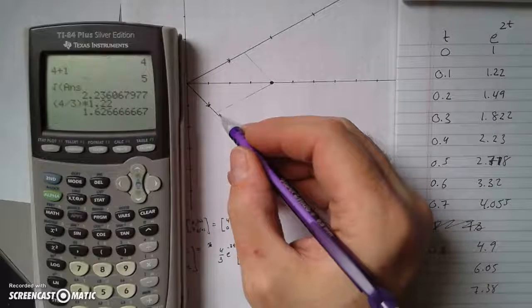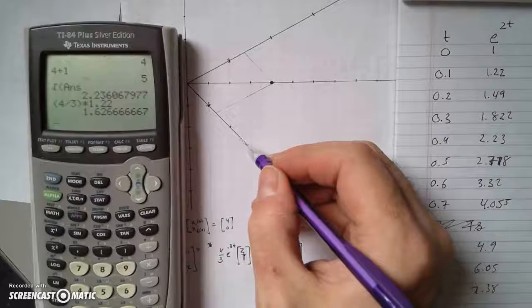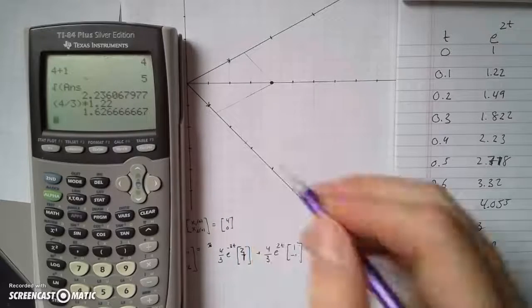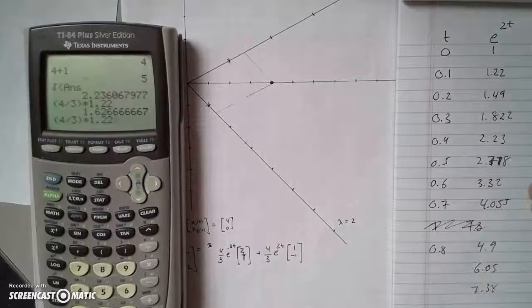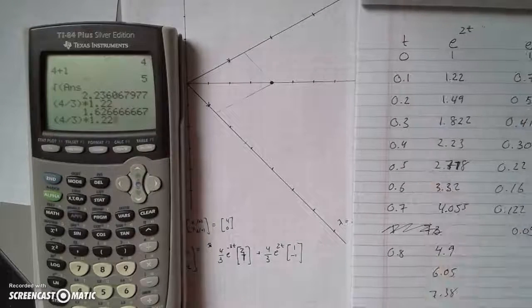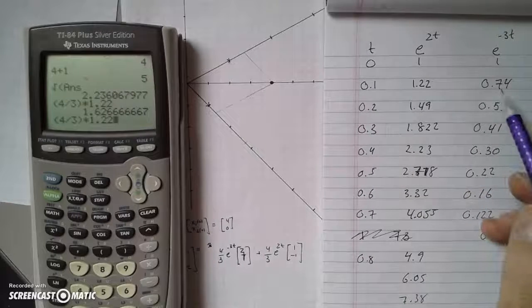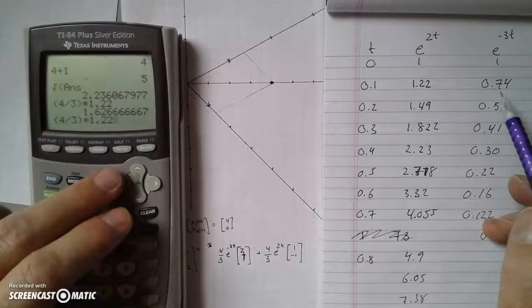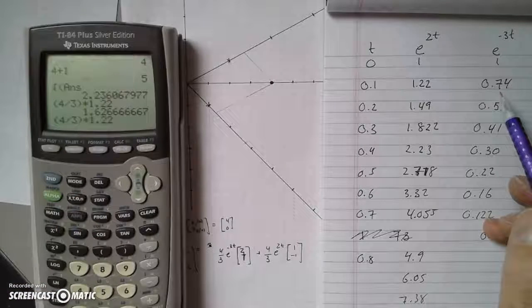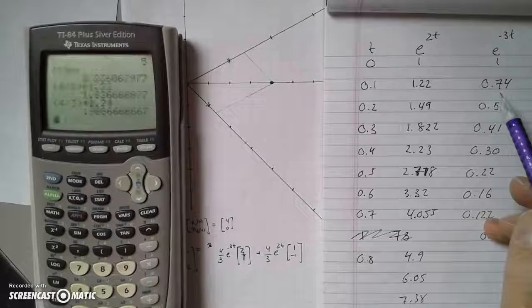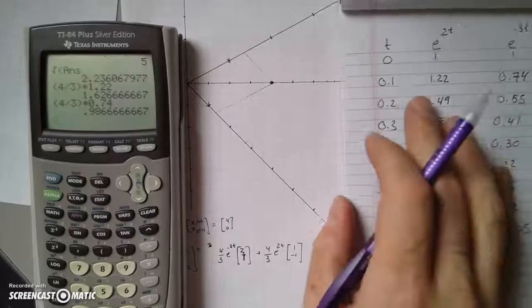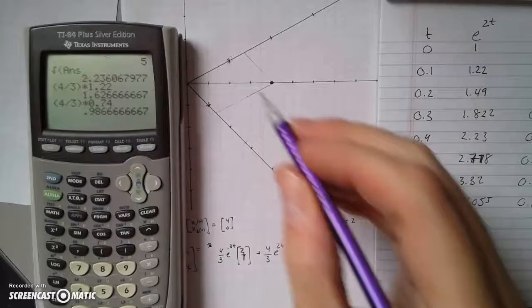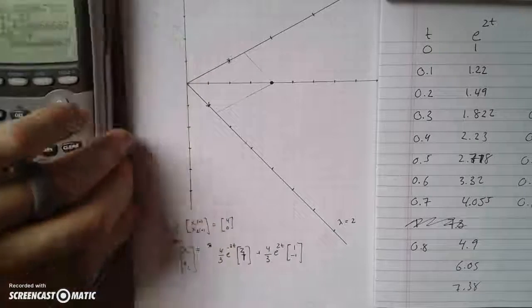So 1.6 is about 1 2/3. I'll be right about this much. And then conversely, for my other value, at a tenth of a second, e to the -3t is only 0.74. So we're actually calculating points here. So it's a little less than 1 unit. So right around here.